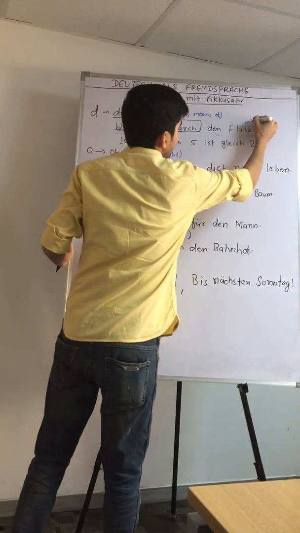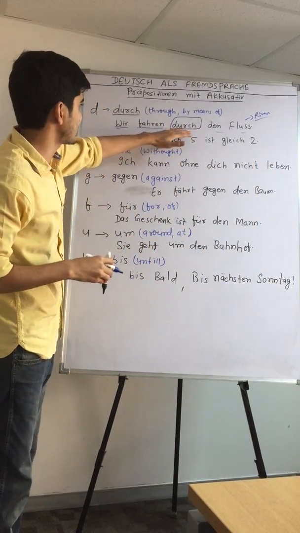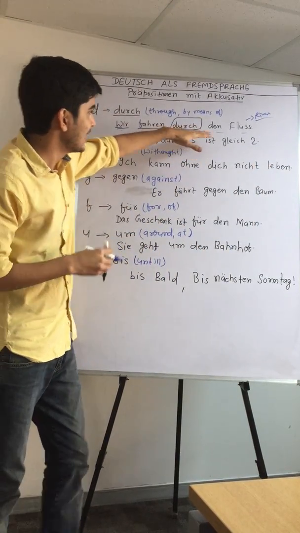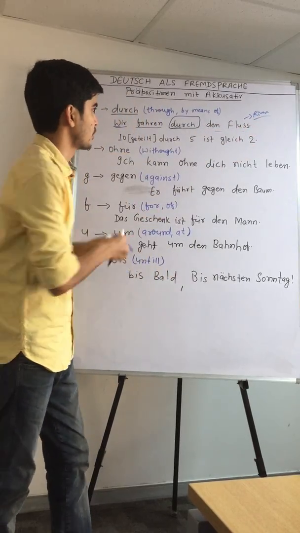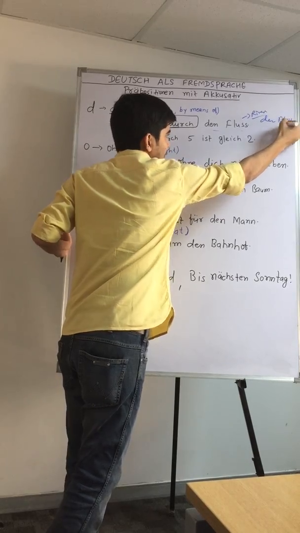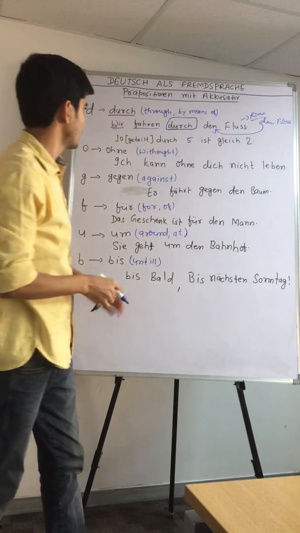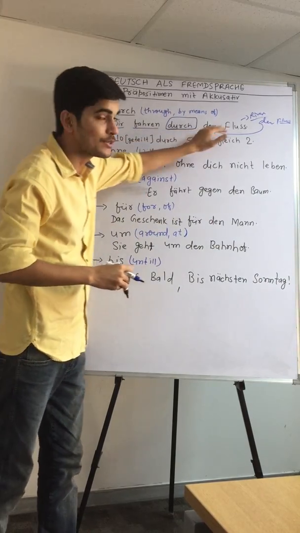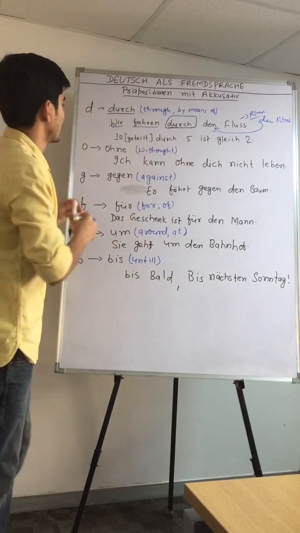Fluss is river. Because it is an accusative preposition, the object must be in accusative case. So the Fluss is der Fluss, and in accusative, der changes to den. That's why wir fahren durch den Fluss. We drive through the river.